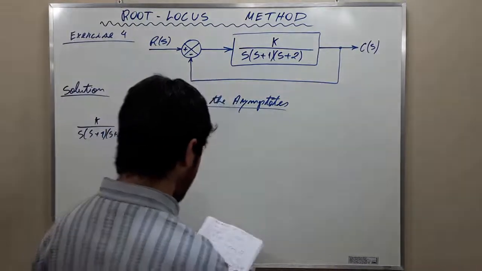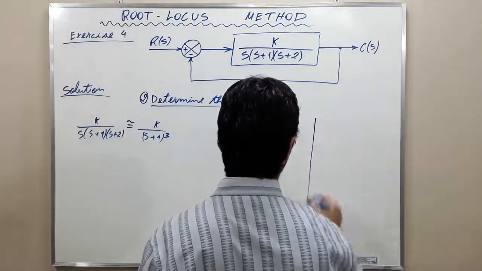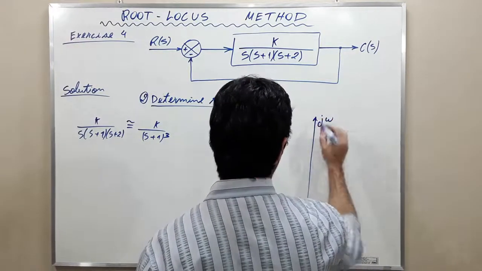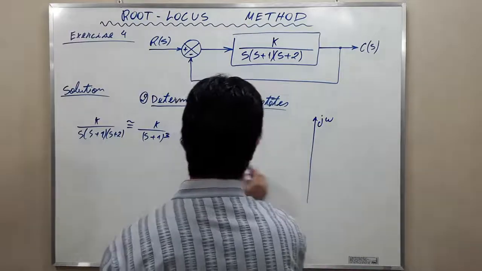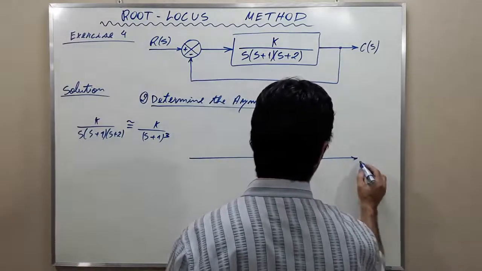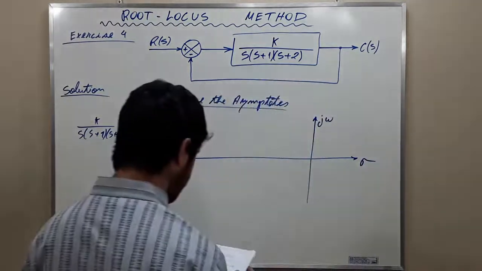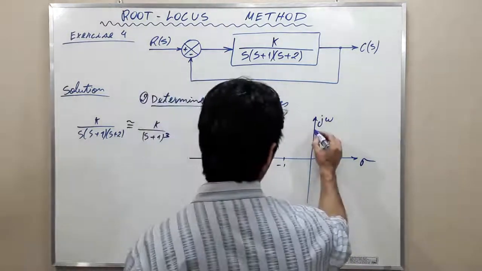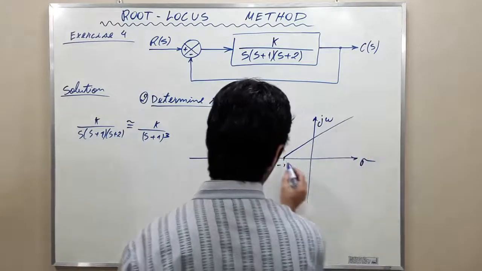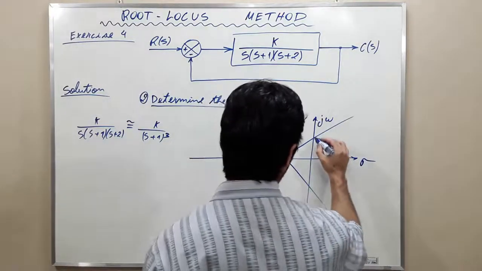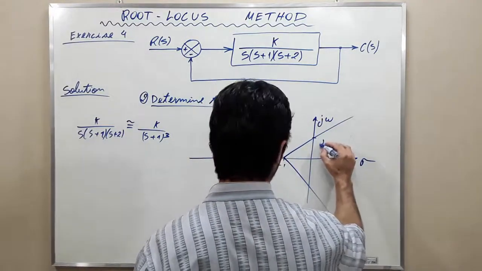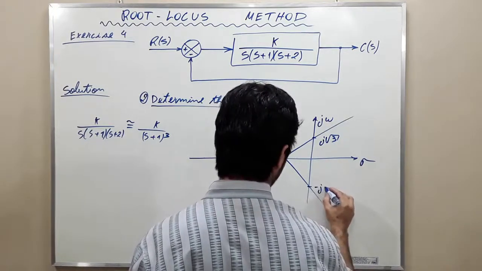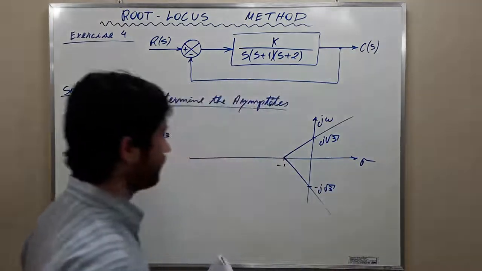And then we have here JW, and here sigma, here -1. This goes like this, this goes like this. This is j square root of 3, and here minus j square root of 3.